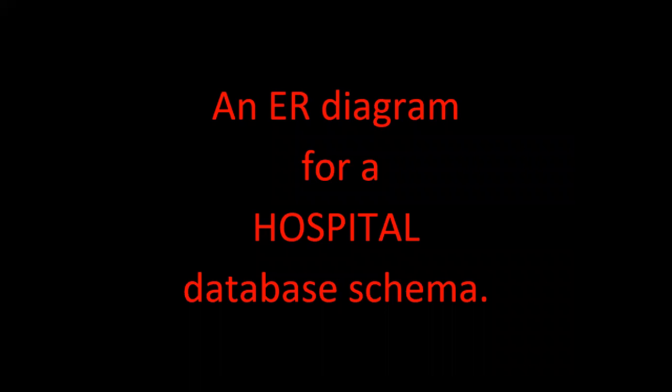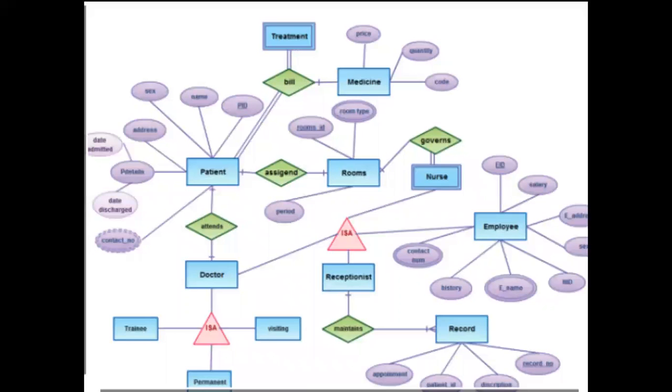So now using these concepts, here I have given some sample databases for different examples. For the hospital database, the ER diagram is given here. Here we have used all the concepts which you have studied, like aggregation, generalization and specialization.